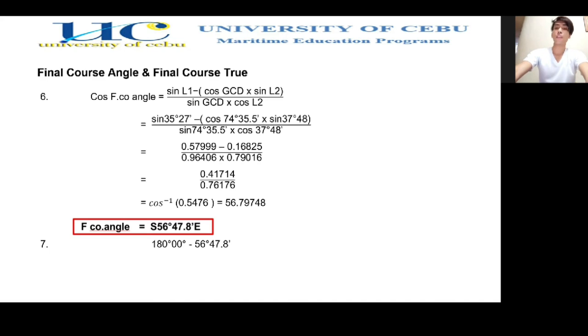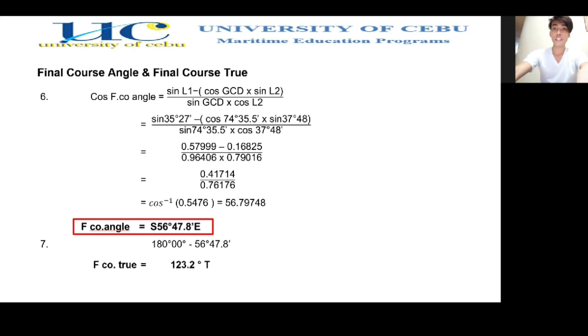Next, we'll find the final course true. The value falls into the southwest direction, so it falls in the third quadrant. So we just simply subtract the final course angle from 180 degrees.